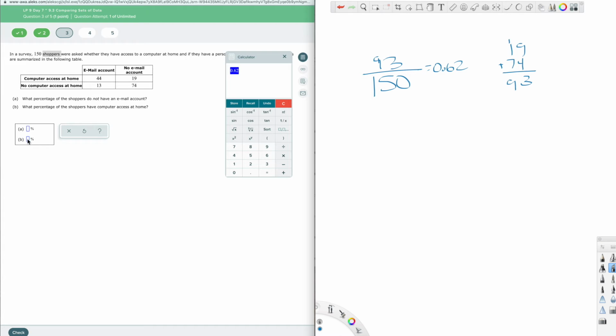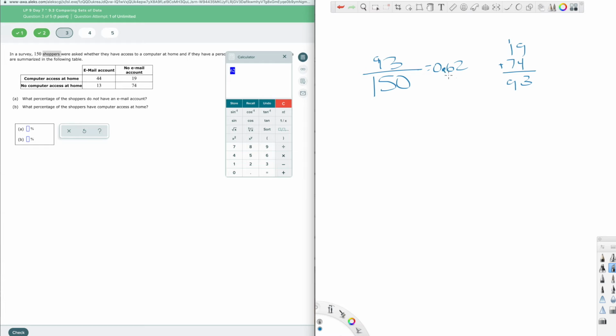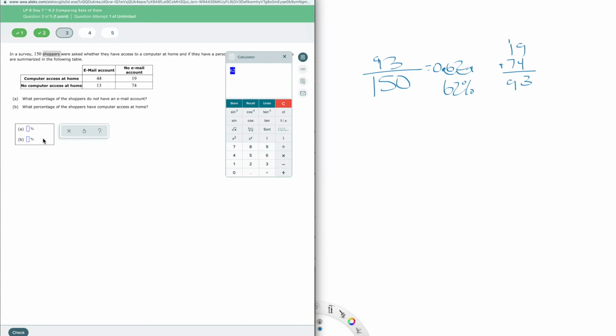They want a percentage, so we either need to multiply by 100, because that would do the trick for us to move the decimal. So it's 62. Or I can just take this decimal and go 1, 2, and so it's 62%. Either way, gives me 62, if you know how to move the decimal like that. So 62% of the people asked, these shoppers, did not have an email account.